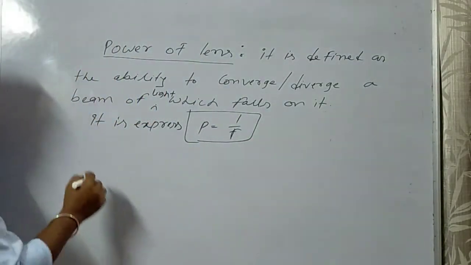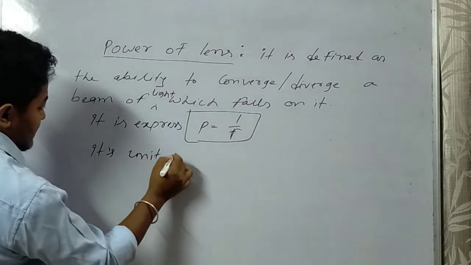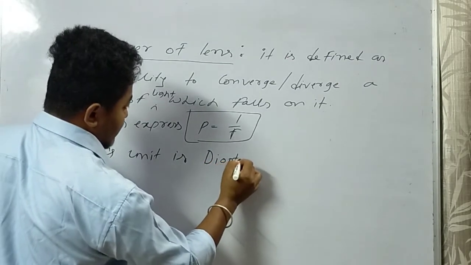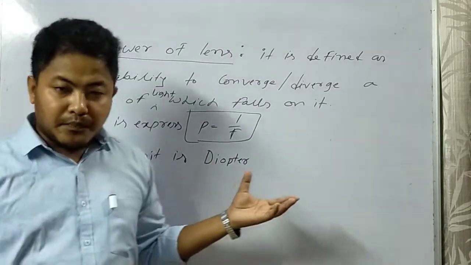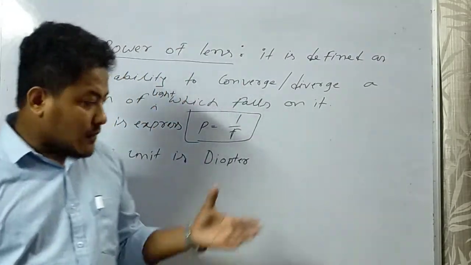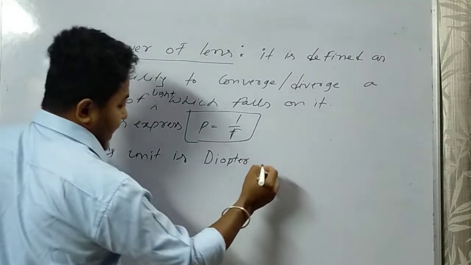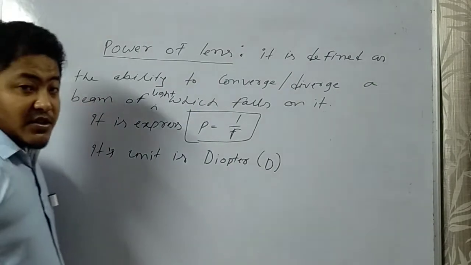And it has a unit. Its unit is diopter. Please check the spelling, I might be wrong in case of spelling. Its unit is diopter, and diopter is expressed as capital D. Understand?